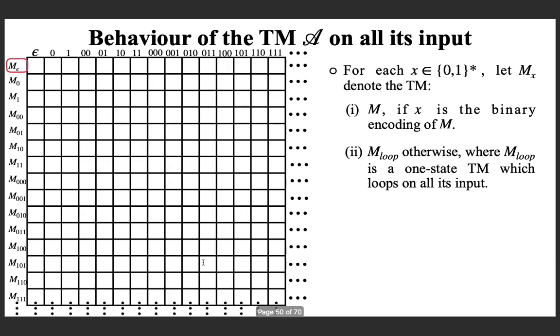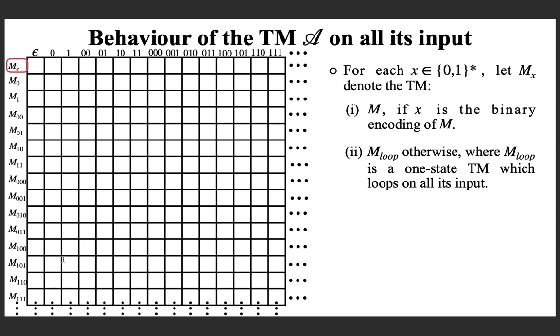In the other case, that is, if the binary string is not a valid encoding of a Turing machine. In the previous lecture, we have seen a finite state automaton for checking whether a binary string is a valid encoding of a Turing machine. So you can easily check it.